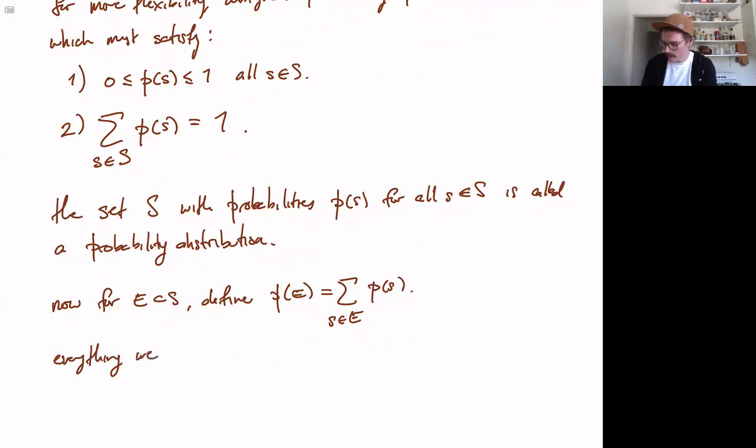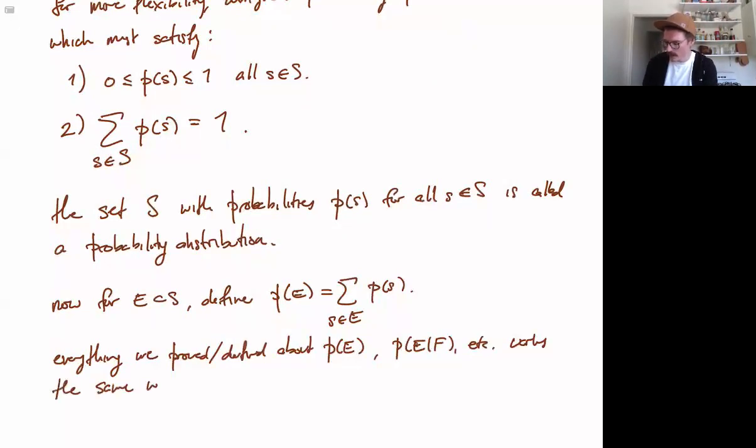Everything we proved or defined about P of E or P of E given F, etc., works the same with this new definition. So for example, conditional probability is defined exactly the same way, and independence is defined exactly the same way. Everything like this still works.